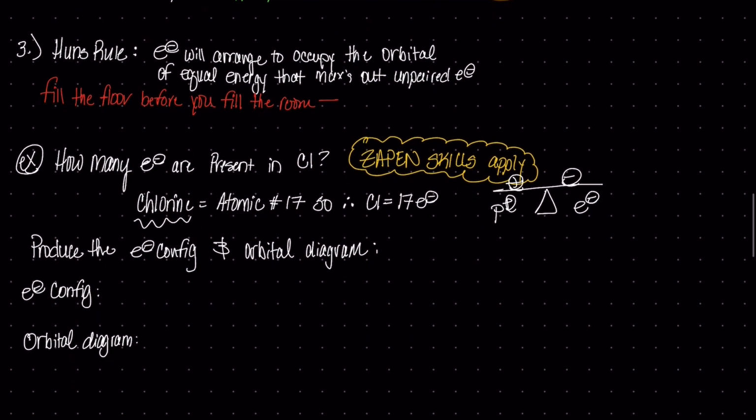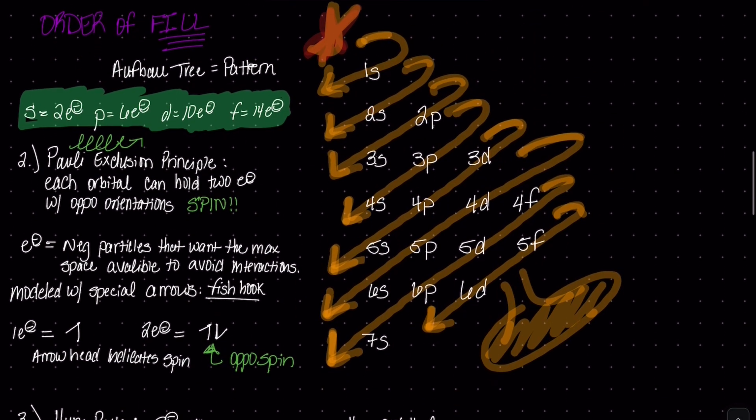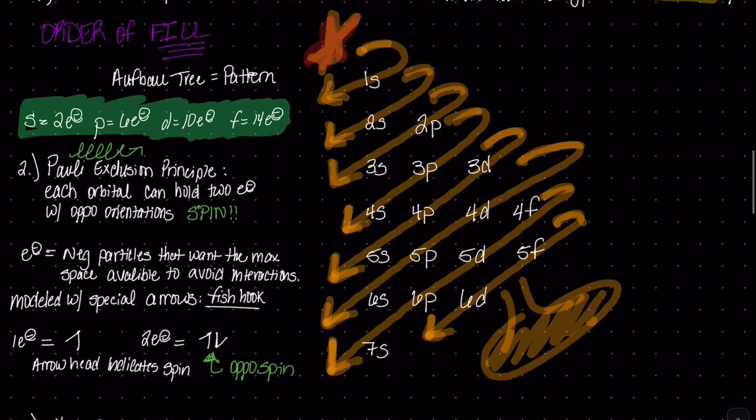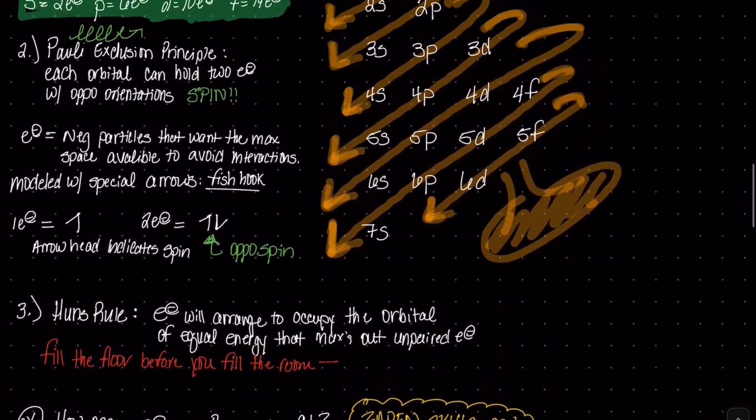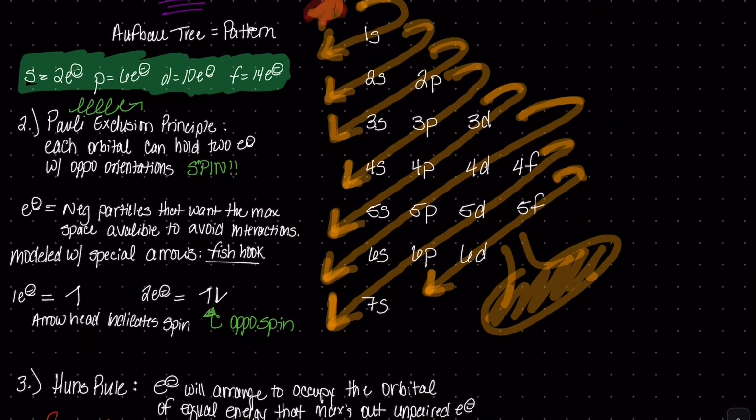Since I have 17 electrons to deal with, I use my Aufbau tree to build my electron configuration, or the address of chlorine. So we're going to use it and start it up here.